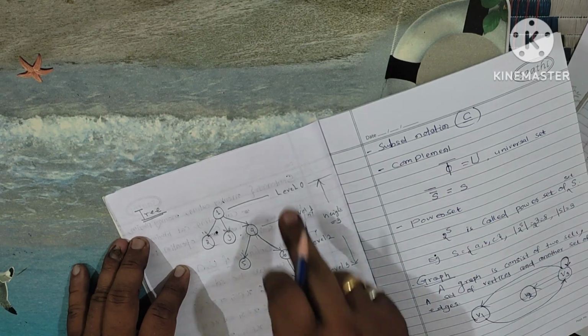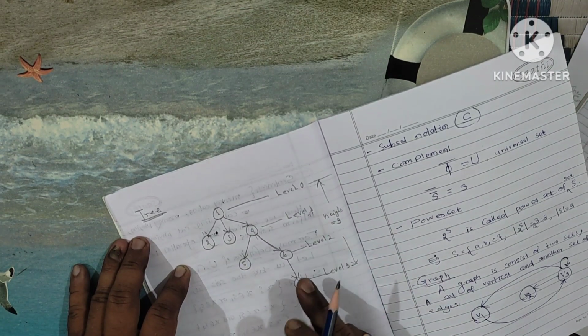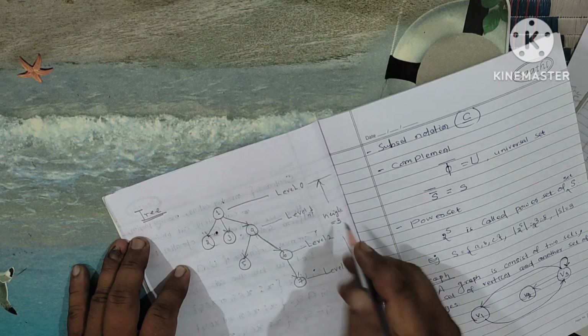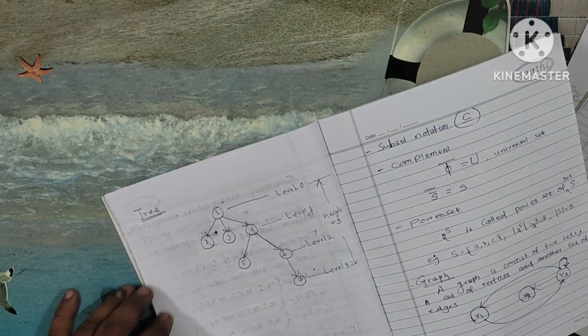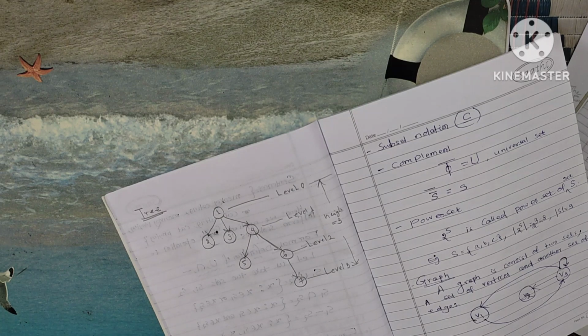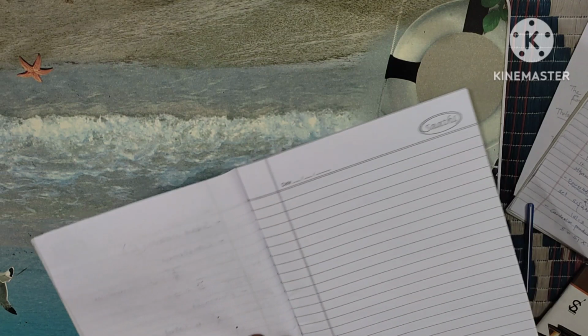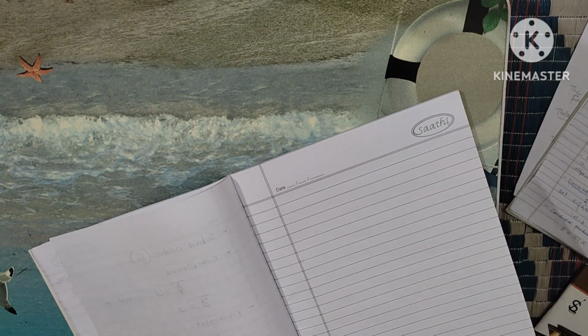So you can see 1, 2, 3, height is 3 here. These are the fundamental concepts we must know in studying formal language and automata.